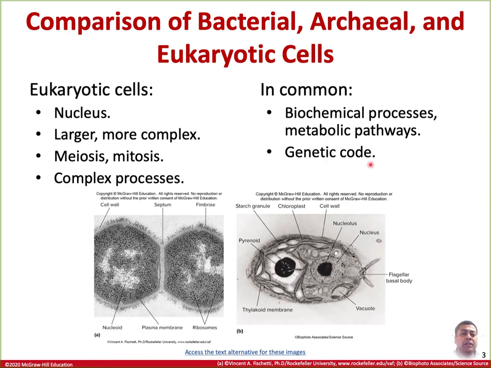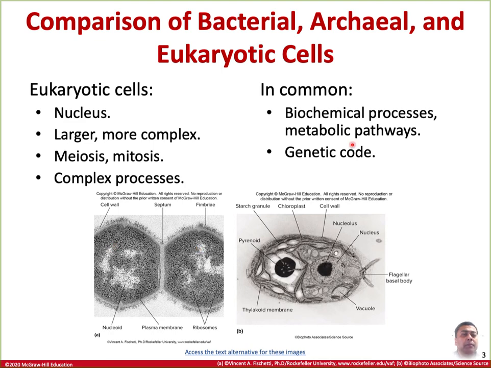If AUG is a start codon in the bacteria, it is the same in the eukaryote. And if AUG codes for methionine, the amino acid, it will code the same in the bacteria. But there is some difference in the preference of the codons that the eukaryotic cells use, or the bacterial or the archaeal cells use. So there could be some usage differences.